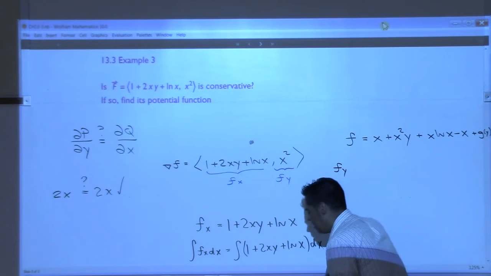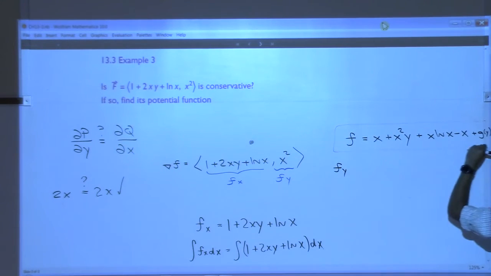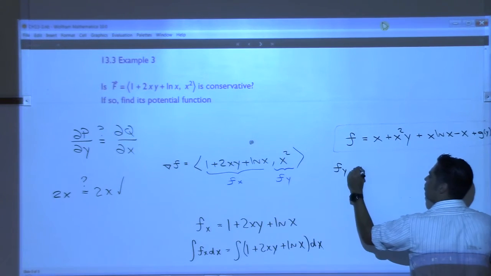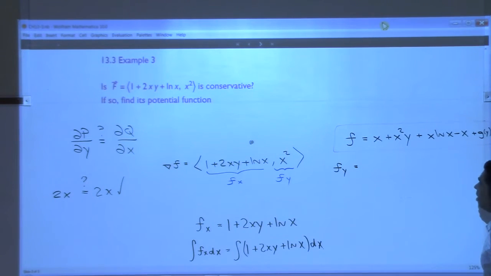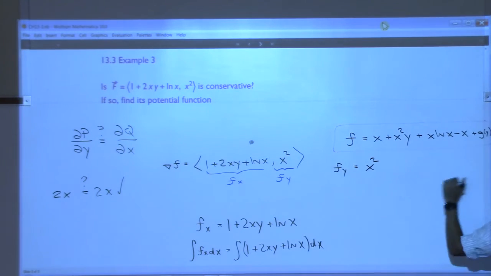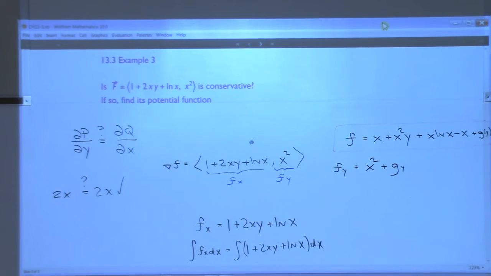So maybe this is a point where you just draw a little box around this. This is what we're trying to find right there. It's just we don't know what that is. So the next piece is just going to try and find that. So the partial with respect to y, which is x squared plus g prime of y, or g subscript y, the partial of g with respect to y.